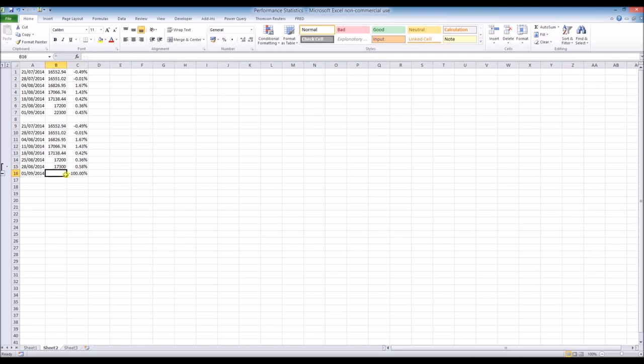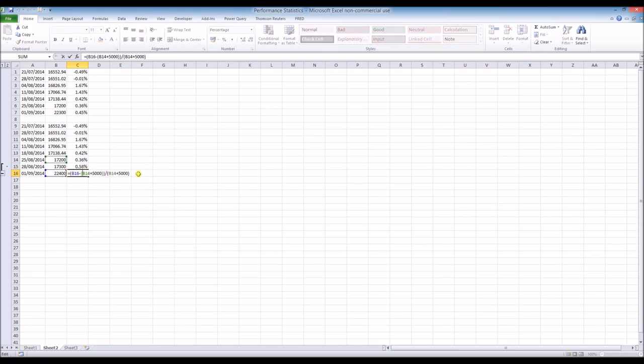So let's call it 22,400, and the return formula changes slightly because you need to take account for the two halves of the week, their returns separately, or compounding each other really is the best way to put it.